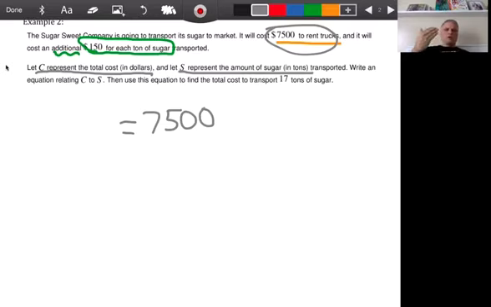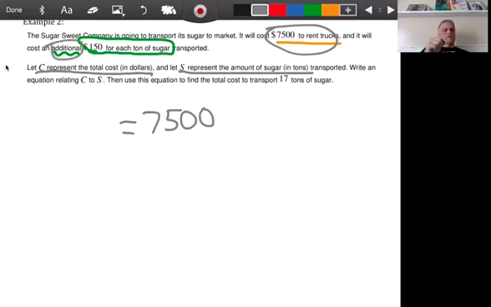Now, rate of change is going to be per or for each something. Right? So like per week, per mile, for each lollipop, for each pizza, for each pair of shoes. Okay? And if you look here, $150 for each ton of sugar. Okay? So 150 is going to be your M, your slope.